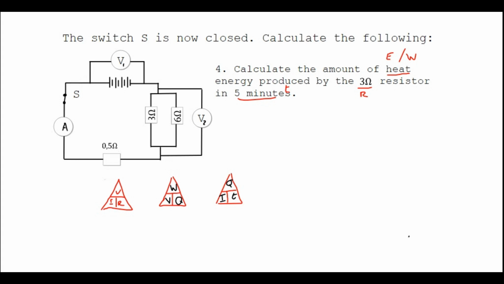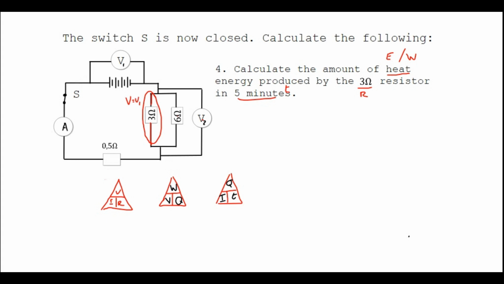We are looking at the 3 ohm resistor over here, which means we need to focus on this branch alone. Let's circle it. Do we have the voltage on that branch? Well, because it's connected in parallel to the 6 ohm and V2 was the reading over there, then yes, we technically do. The voltage would equal V2.